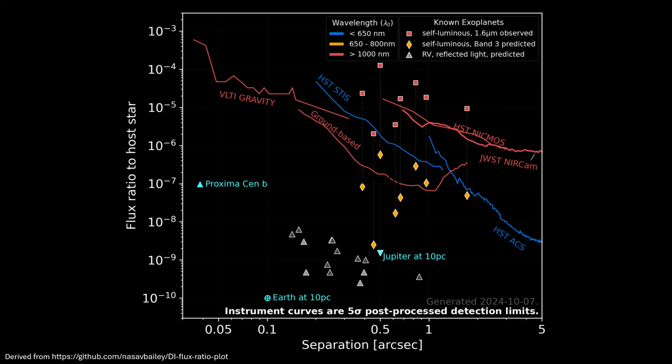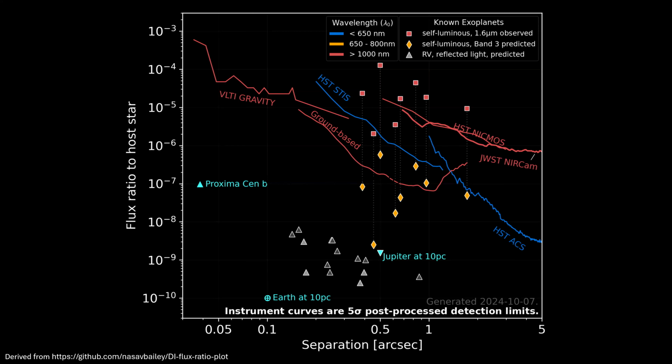And you can see the limits of various different missions, some space-based like HST, some like JWST. There is VLTI GRAVITY, the interferometer on the Very Large Telescope, and the general ground-based limit of what we can do thus far.